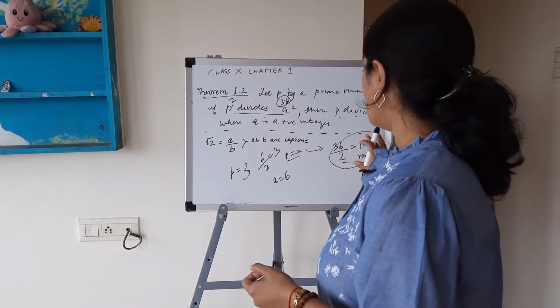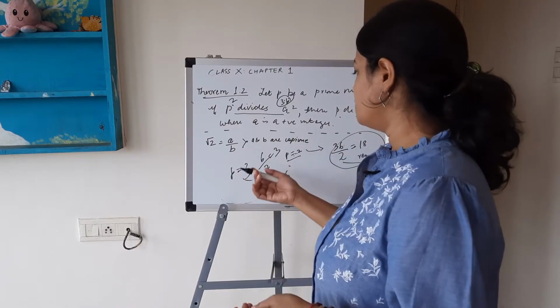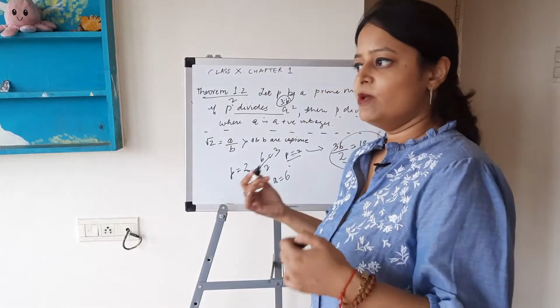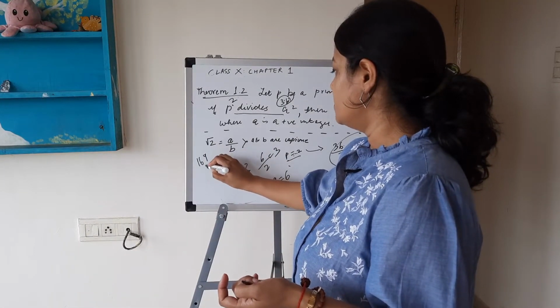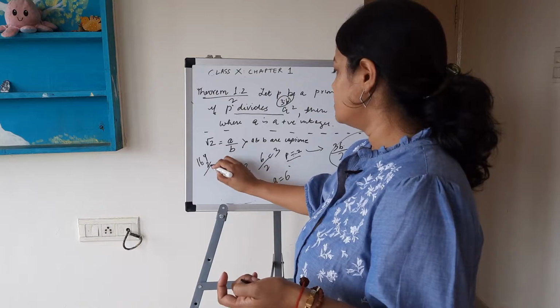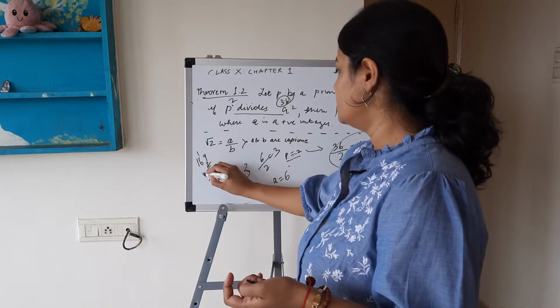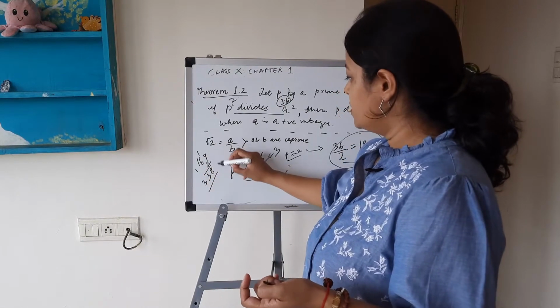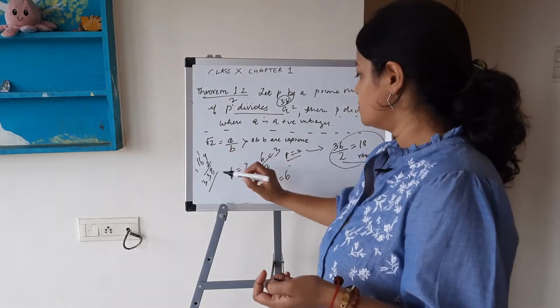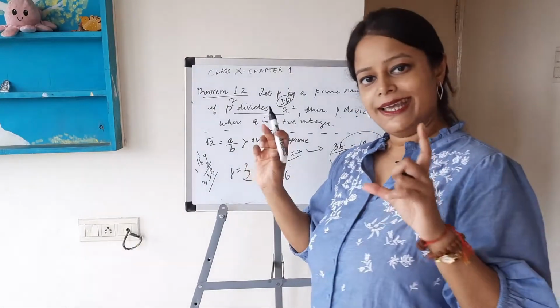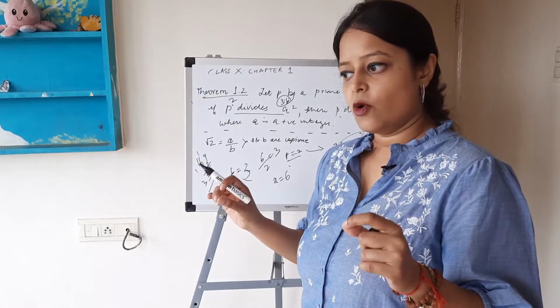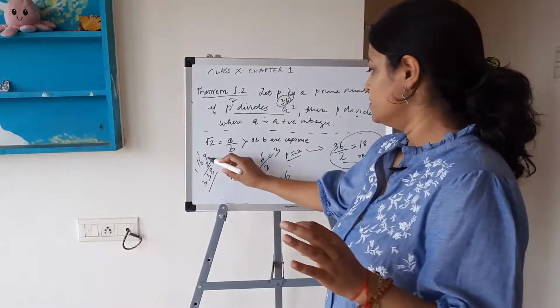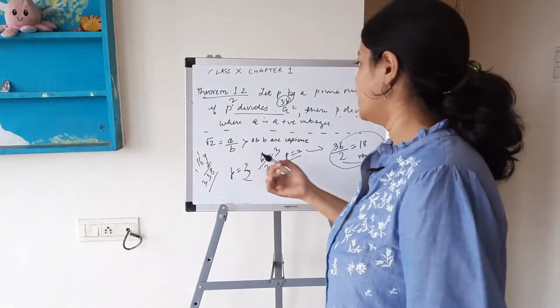These are very small numbers. Let's take a bigger number. 169 is 13 squared, and 338 is 2 times 169, which is 2 times 13 times 13. So let's take a big number, 338. At this point in time we don't know, but I know this because I've taken this example from my mind.